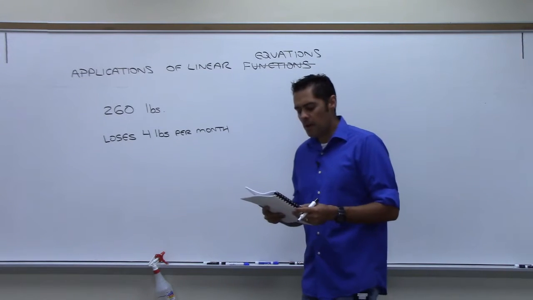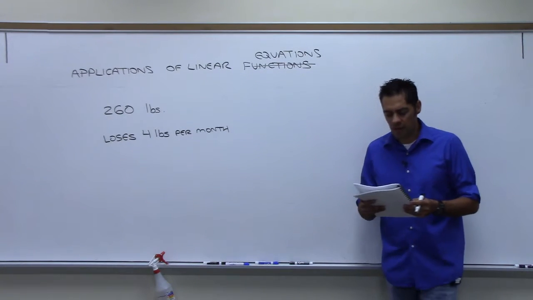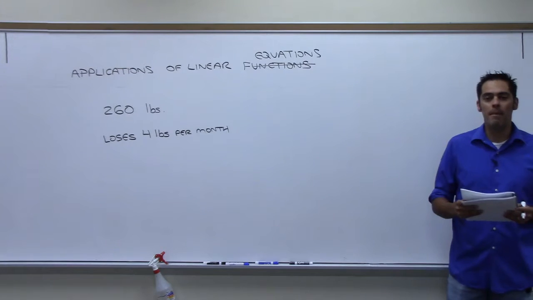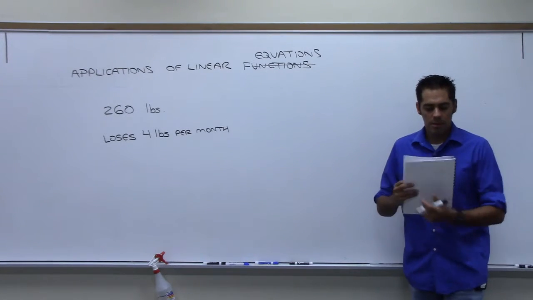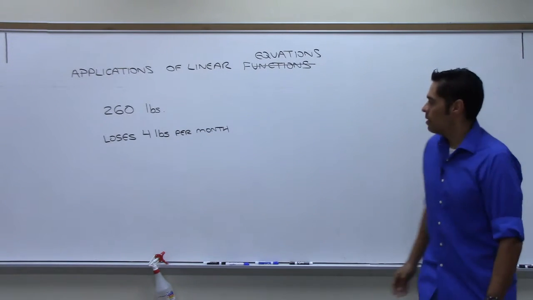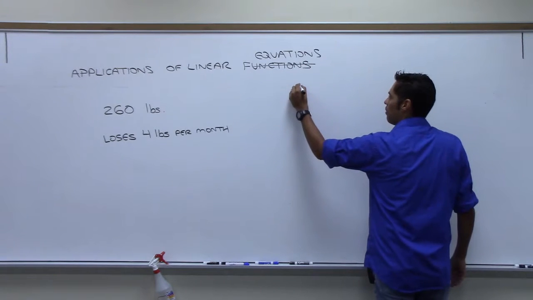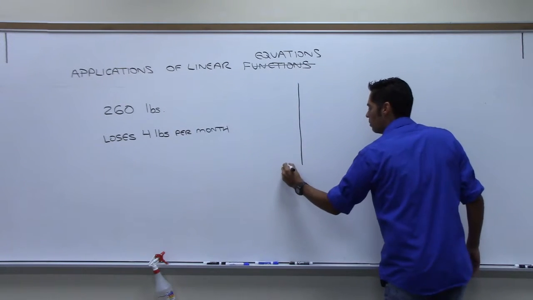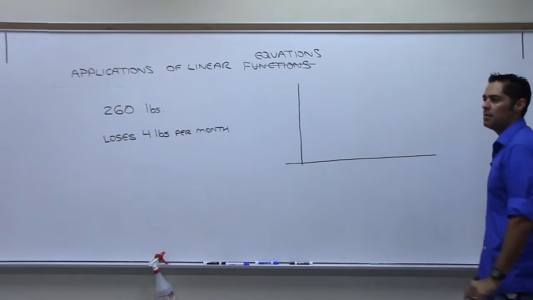Write a linear model that represents Mr. Thompson's weight after M months. So the idea is this. You want to come up with some equation that's going to model what's happening to his weight.